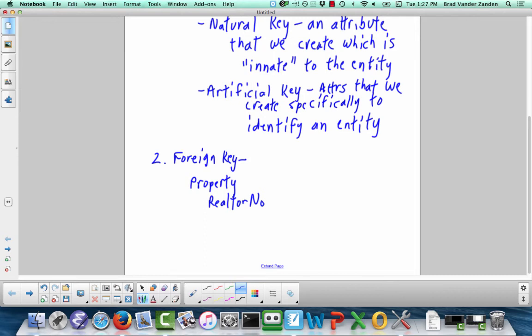So a foreign key is an attribute, which I'm going to abbreviate ATTR so I don't have to keep writing it out, which is a primary key for another entity.